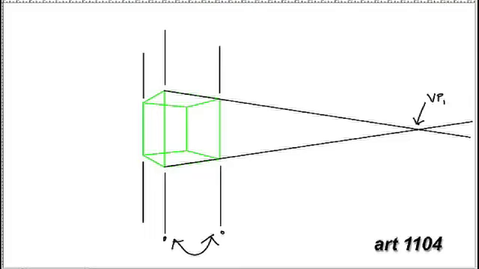But unlike one-point perspective, we now have a second surface to deal with, and it too has edges that recede into three-dimensional space. However, they converge at a very different point, and this is vanishing point 2.